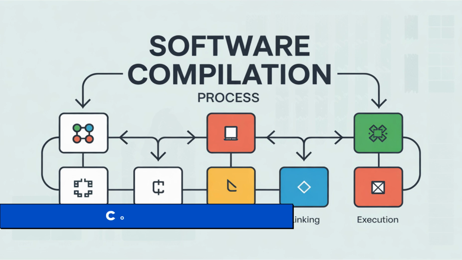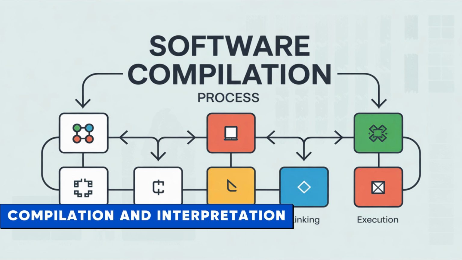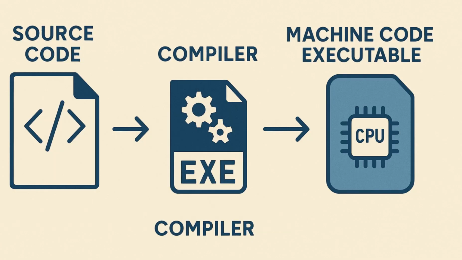How does human-readable code become machine instructions? There are two main approaches. In compilation, the entire program is translated into machine code before execution. This creates a fast, executable file specific to a particular processor architecture. Languages like C, C++, and Rust typically use this approach.